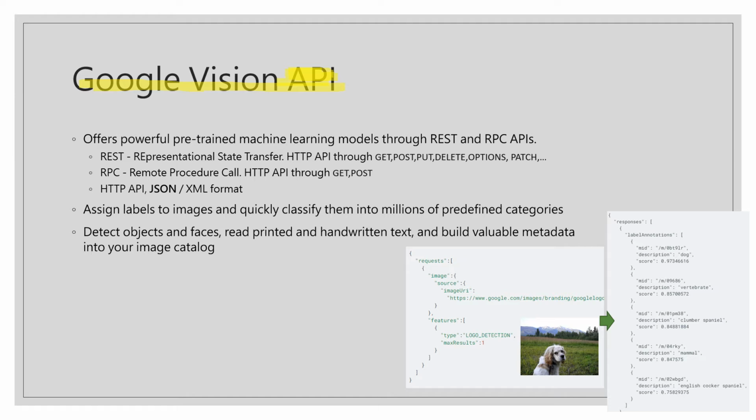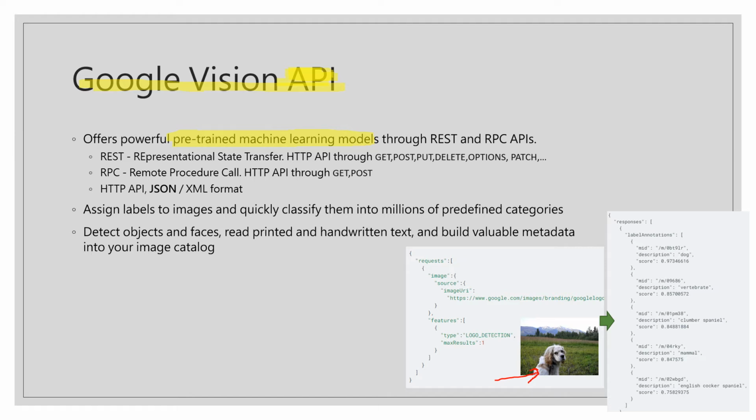Okay, so they provide the pre-trained machine learning model. That means you need not do any training. Okay, you can just ask the service and say whether it's a dog, whether it's a cat, whether it's $10, $20, $100, etc. Right? So you can ask Google, and then they will return the value for you.